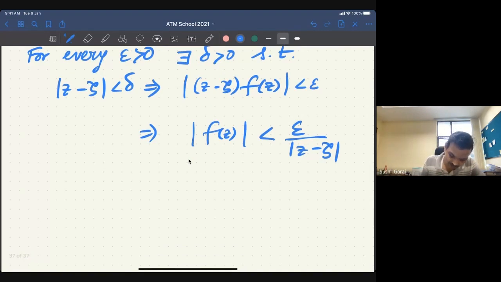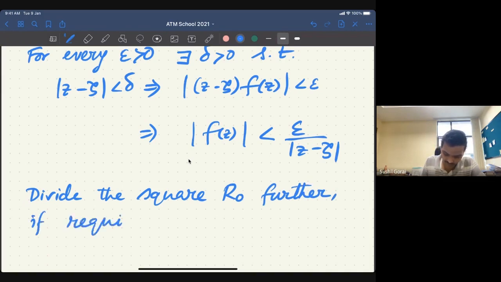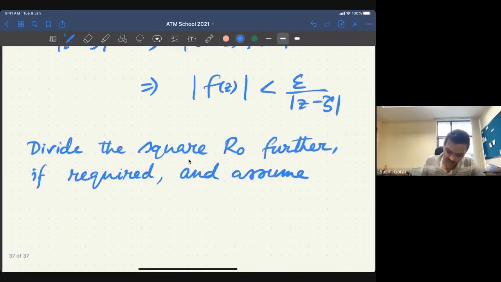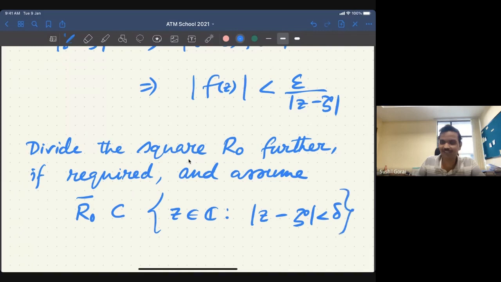Now if required, divide the square R naught further, and assume R naught closure lies in the set of z in C such that mod z minus zeta is less than delta, just like before.